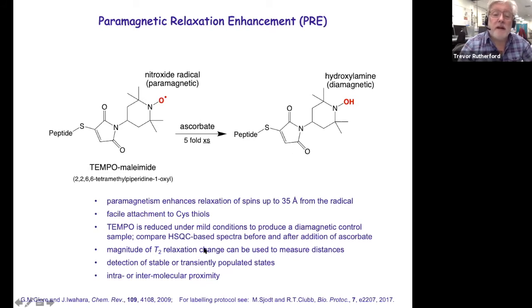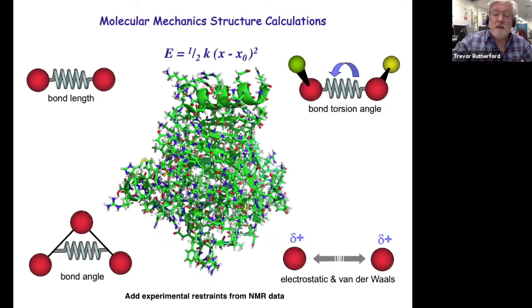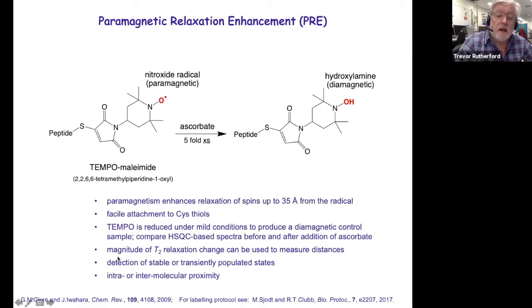So you compare the magnitude of the spectrum and the relaxation rates before and after the addition of ascorbate, and this has extremely useful consequences for characterizing distances within protein complexes. It can be used for detection of both transiently and stably populated states, and for looking at intra or intermolecular proximity.